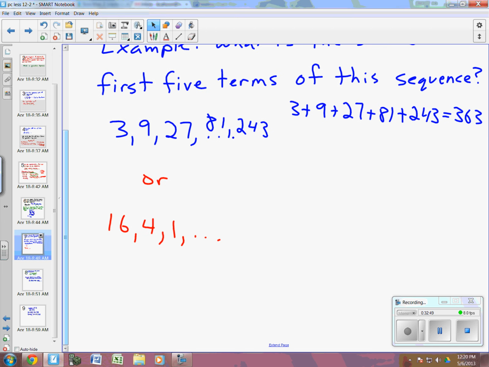Okay. How about that one? Find the first 5 terms of this sequence.